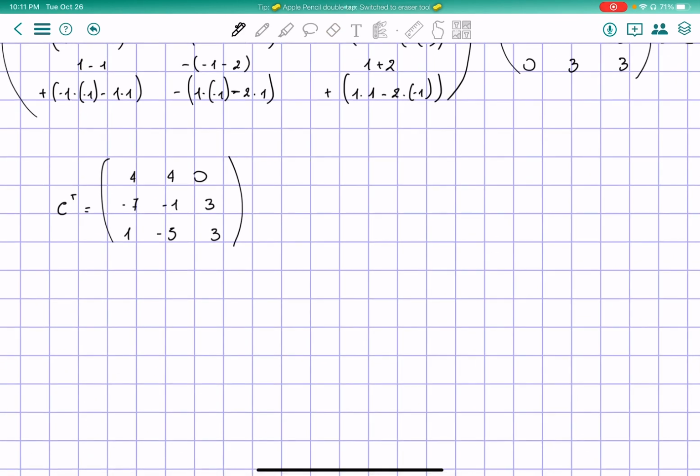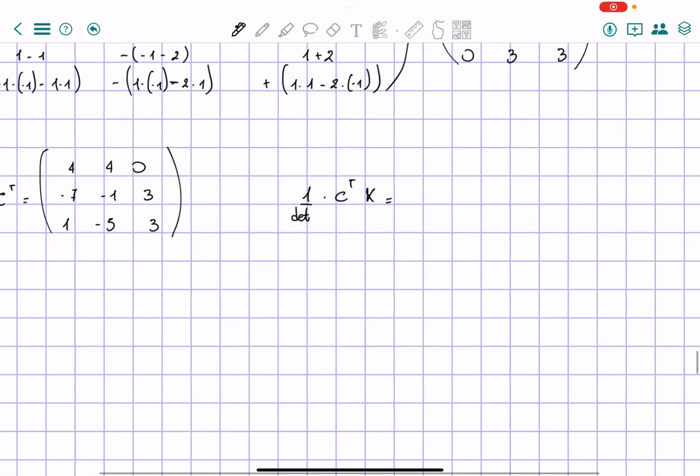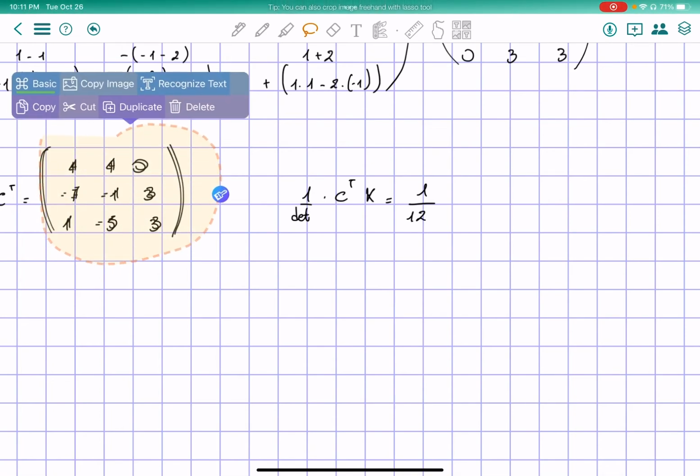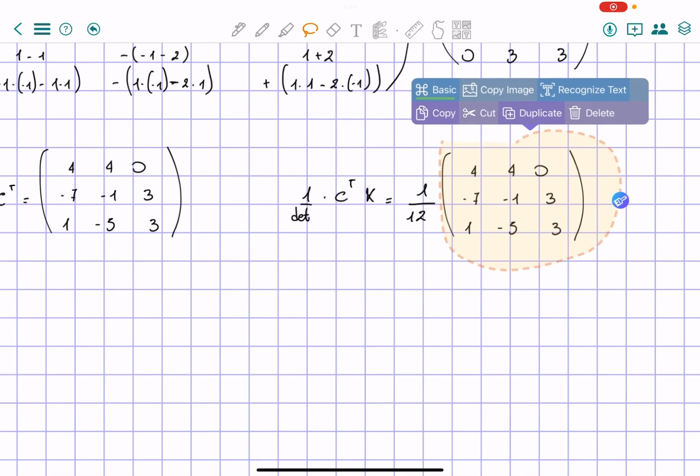Now with this, we have to do 1 over the determinant that we found before times C to the T, and then times K. So we're going to have a 1 over 12 times this matrix that we just found, that I'm just going to copy and paste over here.